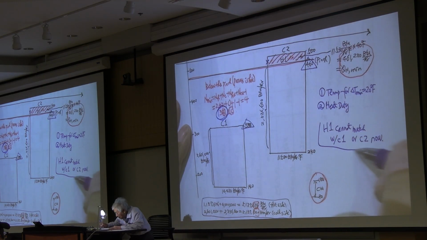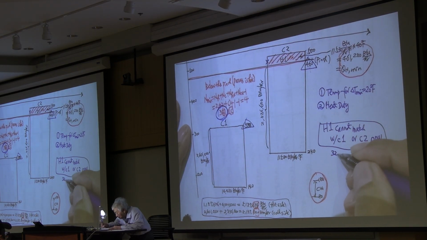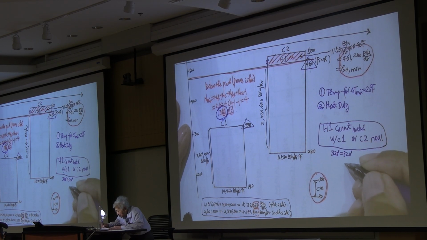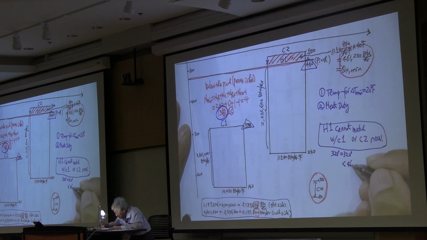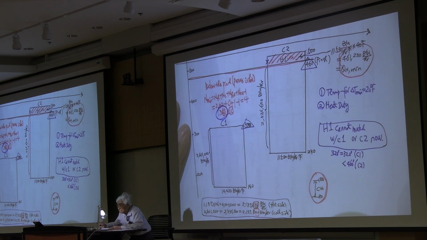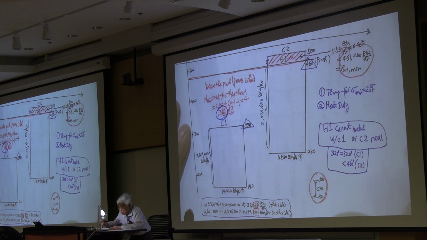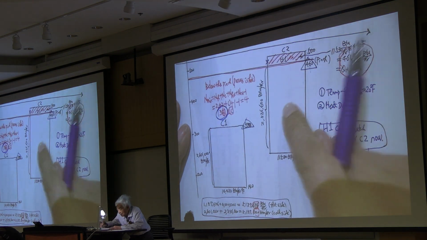Now you cannot match because 320 degree equal 320 or less than 460. This is C2, C1. Do you get it? So, we cannot do that.